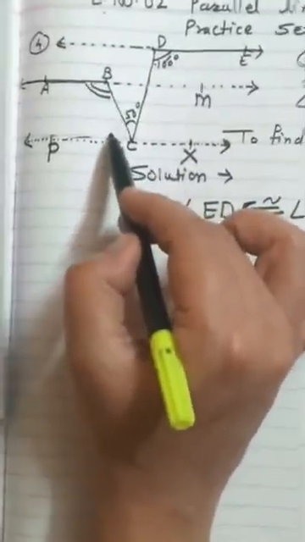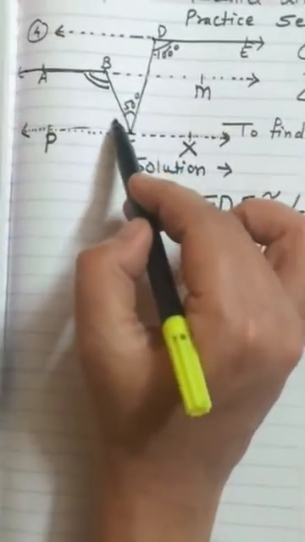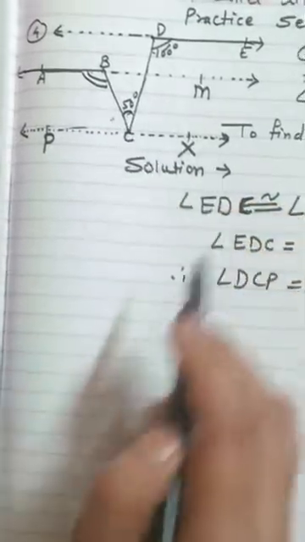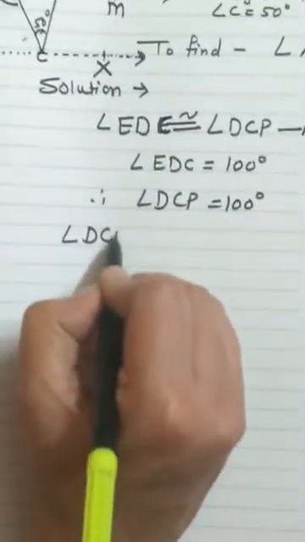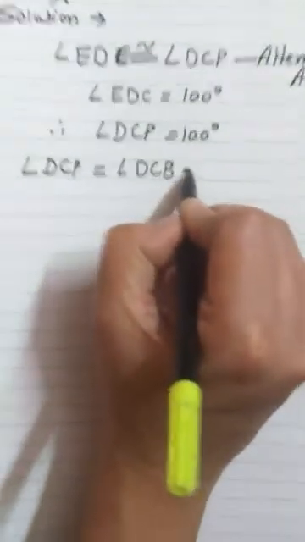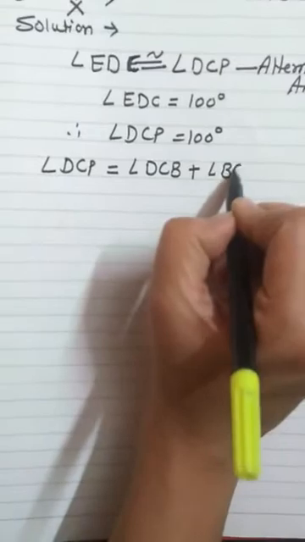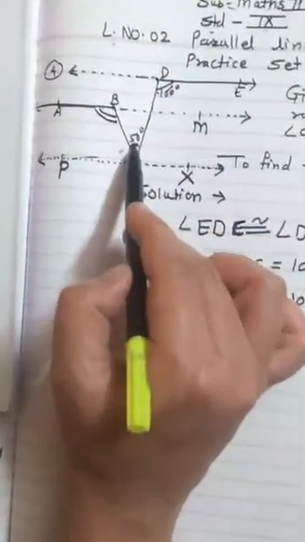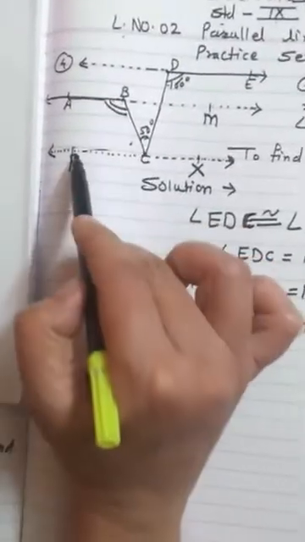So how this DCP is formed? By addition of these two angles. So you can write angle DCP is equal to angle DCB plus angle BCP. See here, DCP means this angle and this one BCP.